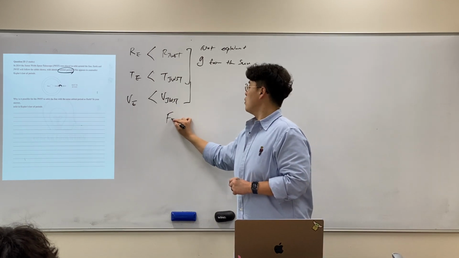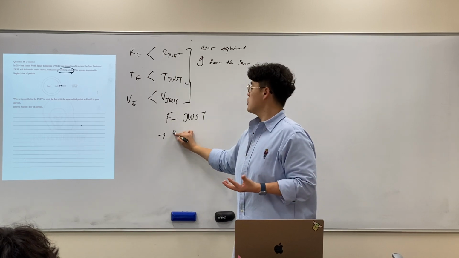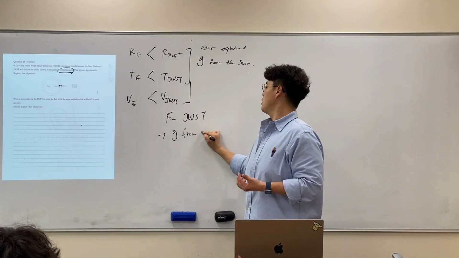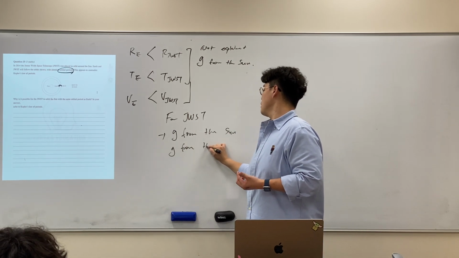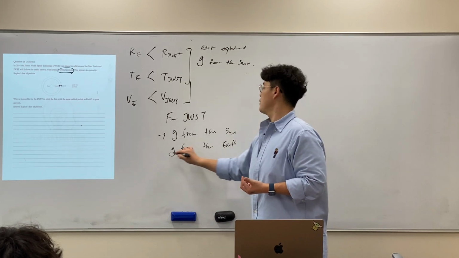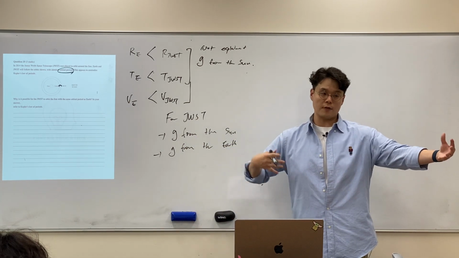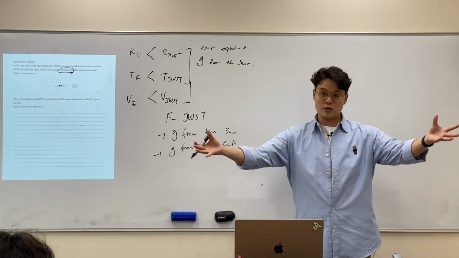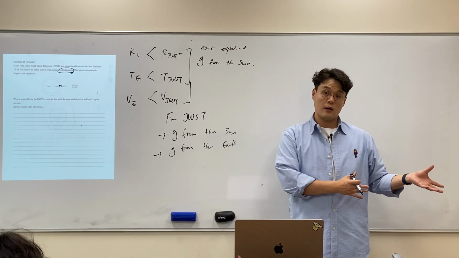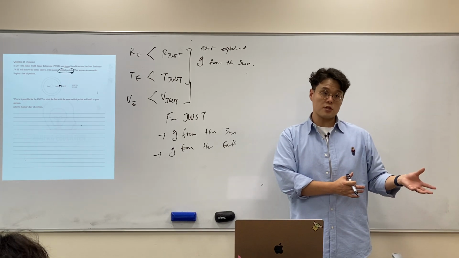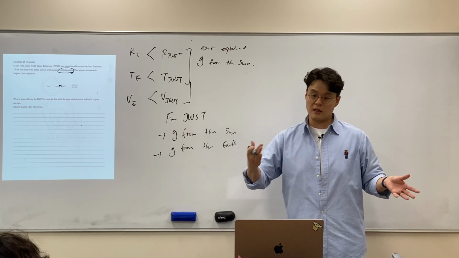So the JWST gets affected by g from the Sun as well as g from the Earth. Now it gets a double acceleration, one from the Sun, one from the Earth. Then it has a greater acceleration than the Earth. Greater acceleration means that every second it will experience a significant change in velocity.